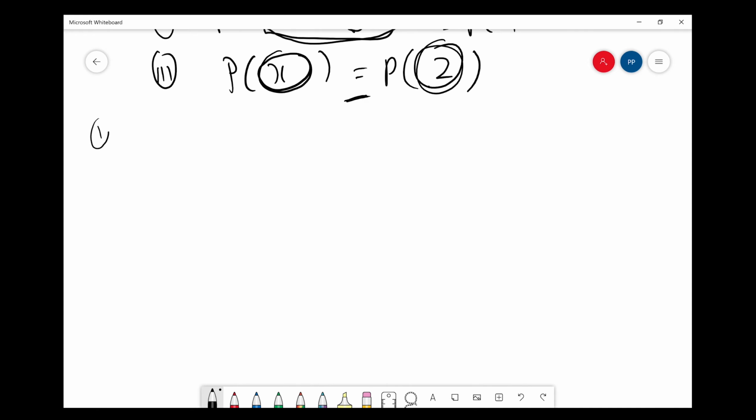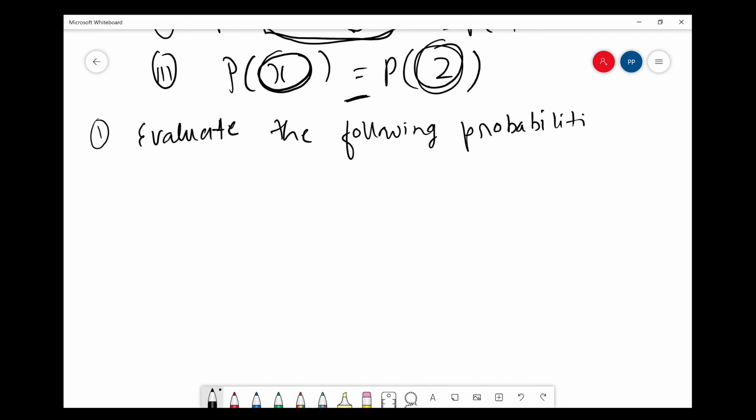Now I'll start with a simple problem where first I'm finding the value of z, a straightforward problem. The problem is this: evaluate the following probabilities with the help of the normal table.